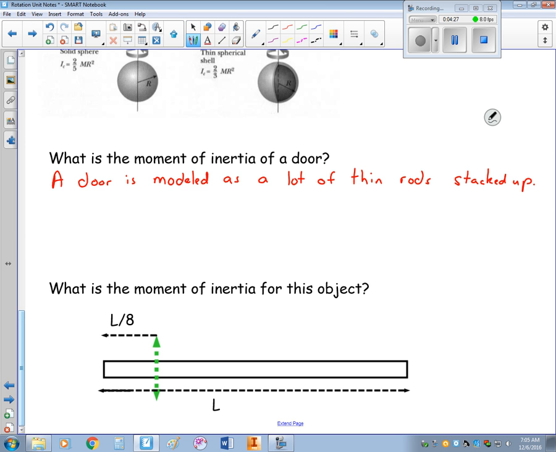So if I were to draw a picture of a door, where this line represents the axis it's going to rotate around, I can visualize this door as a bunch of thin rods stacked on top of each other.